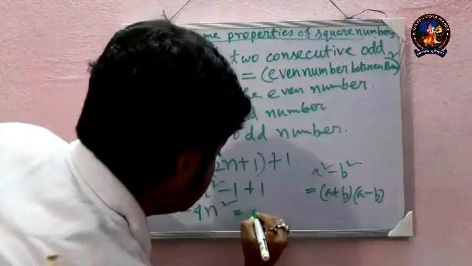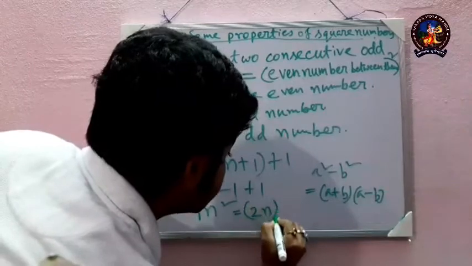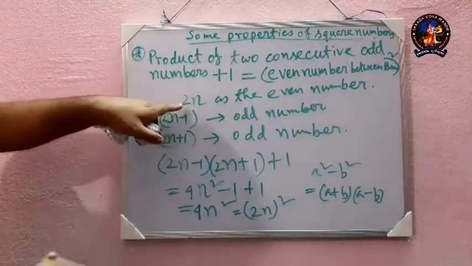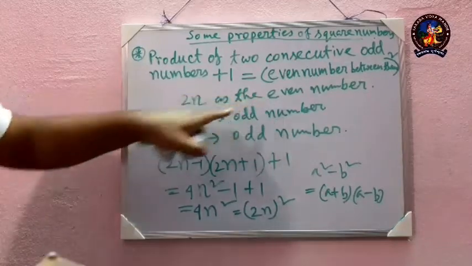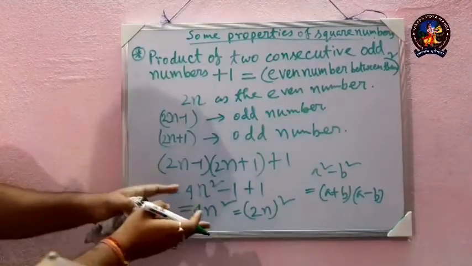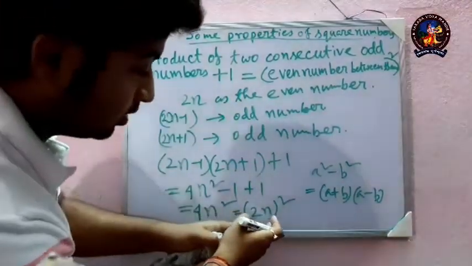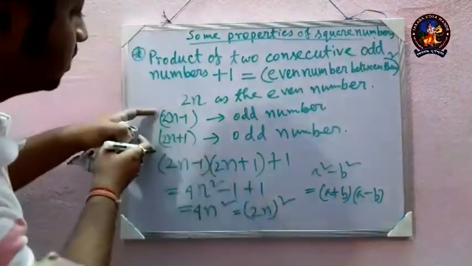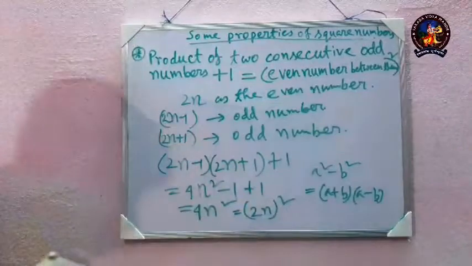This means 2n whole square. Now in this case I have taken 2n as the even number, and at the last I have reached the square of the even number between these consecutive two odd numbers.